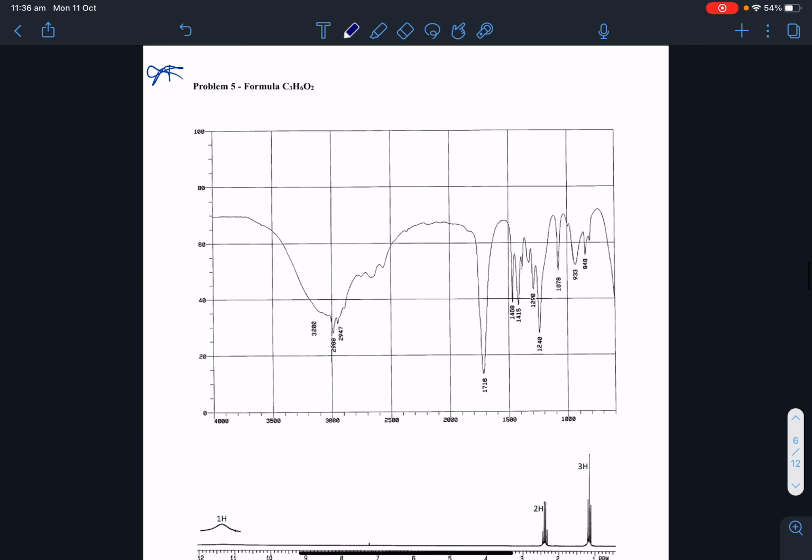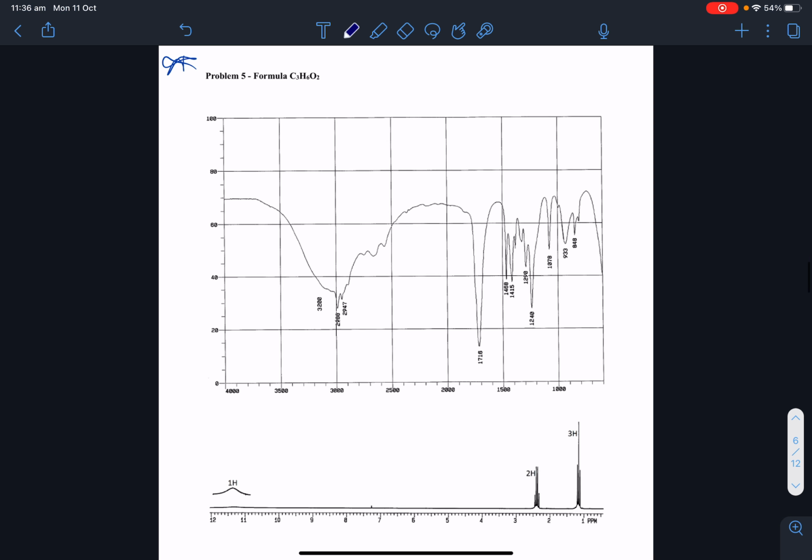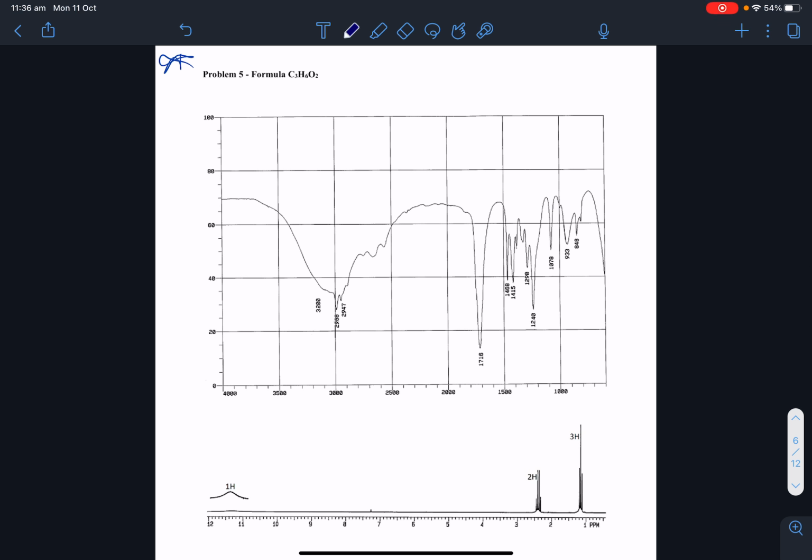Number 5 here. C3H6O2. Ooh, we've got two oxygens here. It's fitting the 2n rule. So we could have a cyclo, but let's not do cyclo.